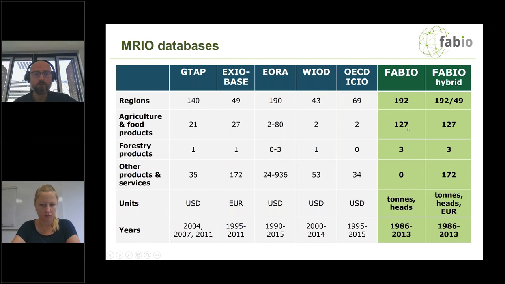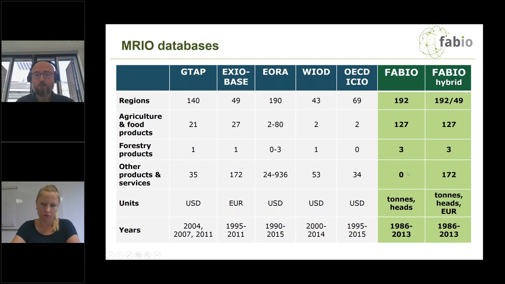Then it's the one with the highest detail also for agriculture and food products, and also for forestry products. Although 3 products is not much yet, we will increase the detail for forestry products later.